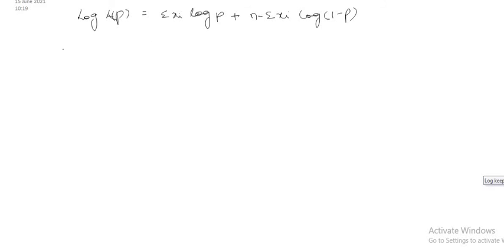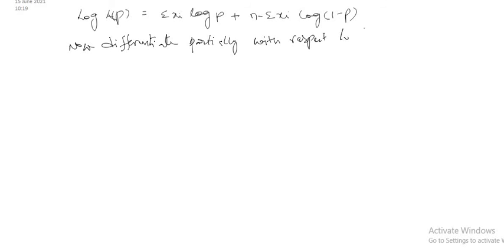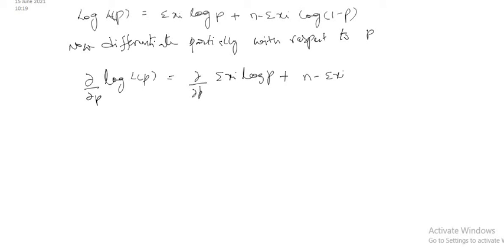Now differentiate partially with respect to p. So dou by dou p of log of L of p equals dou by dou p of summation xi log p plus (n minus summation xi) dou by dou p of log of (1 minus p).